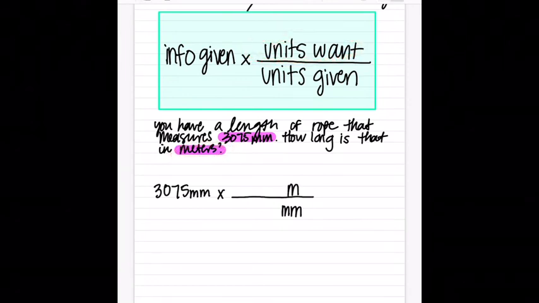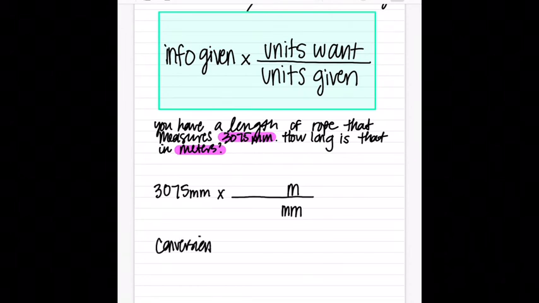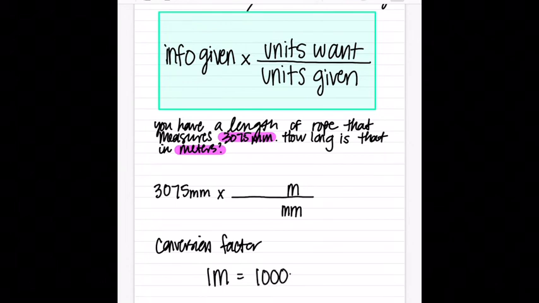Now all we have to do is find the numbers that go in here. This is where your conversion factor comes in. My conversion factor for this problem is 1 meter is equal to 1,000 millimeters.